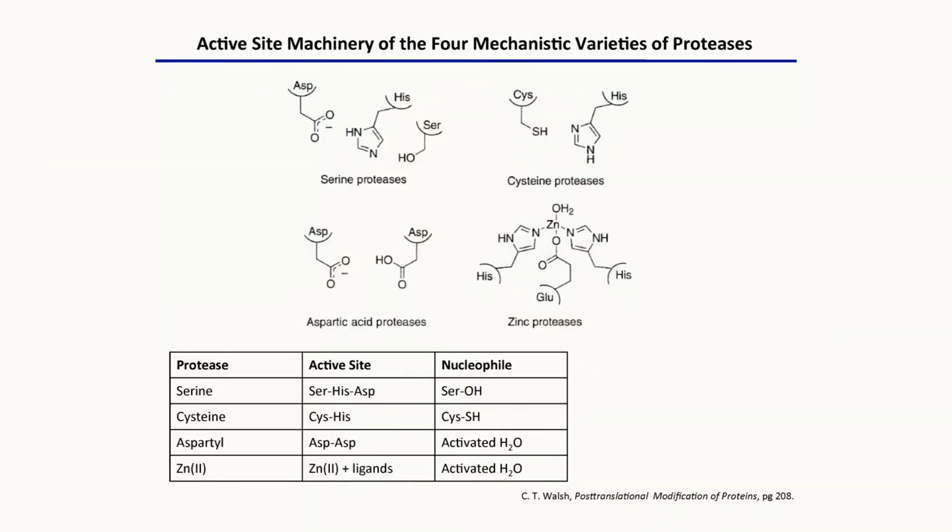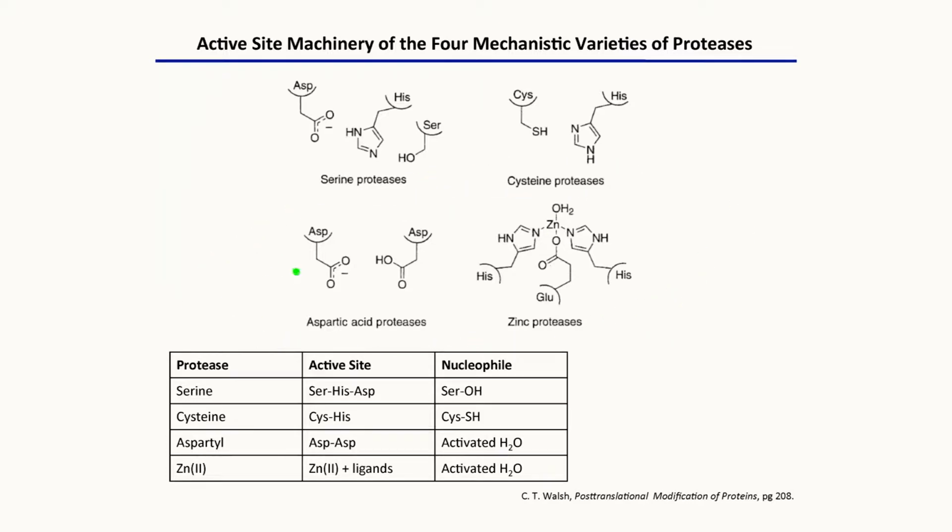If we take a look at the active site machinery, what do we see? Here we have the serine proteases. They have a catalytic triad comprised of an aspartate, a histidine, and a serine. Cysteine proteases, we see a cysteine and a histidine. And so these are the ones involved in covalent catalysis. Here we have the non-covalent catalysis.